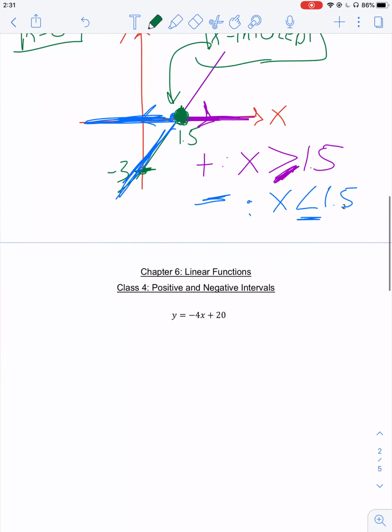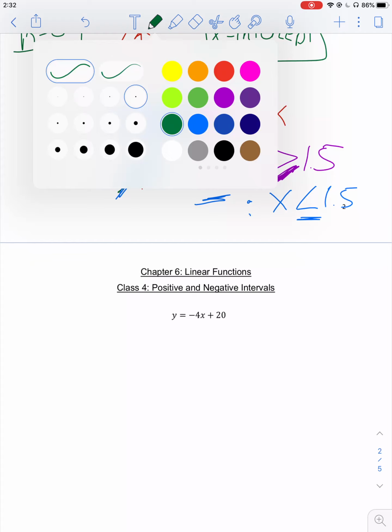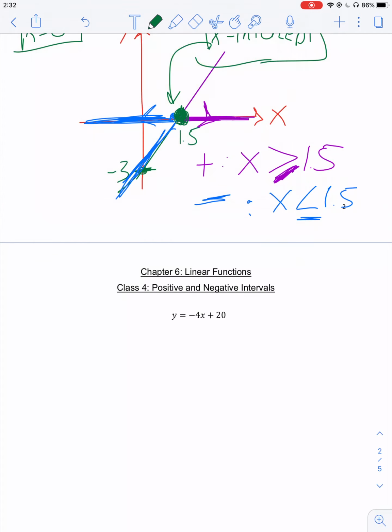Okay, so let's quickly find the x-intercept for this function. So remember, x-intercept means that my y value has to equal 0, right? So let's find the x-intercept. So 0 is equal to minus 4x plus 20, okay?